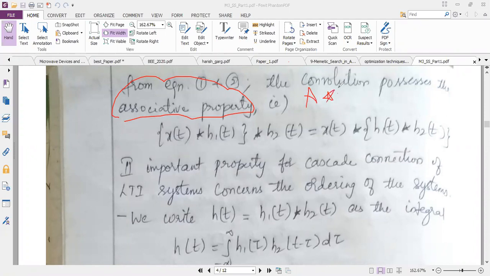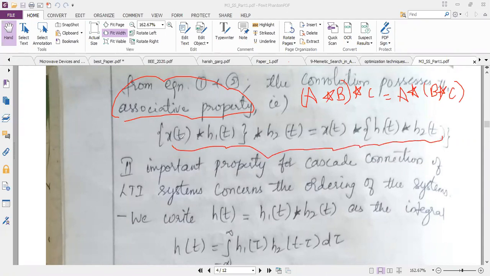So here, A into B into C is equal to, associative means the bracket you will be changing, that's it. The order of operation. So A into B into C is within the bracket. This is the associative property. So for the cascade connection of systems, the property which is applicable is the associative property.